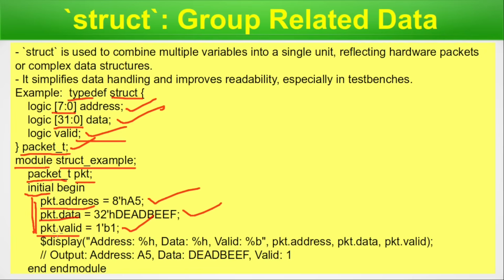It's more like an object oriented thing. You can assume that the object is defined in its class and then instantiated. Similarly, here we are using this. Next we have the display, which is similar to the printf command, and here we use %h and %b for address, data and valid.